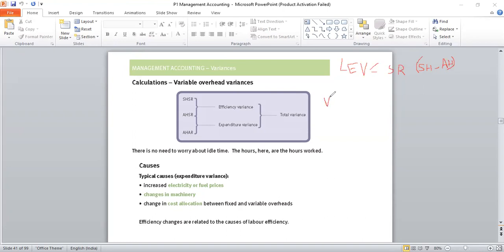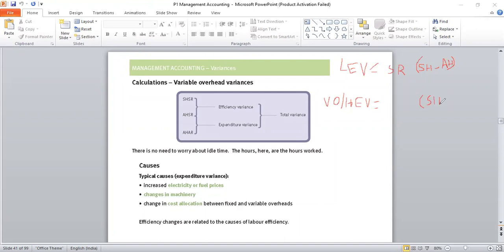We have it as variable overhead efficiency variance. Now overheads are not necessarily incurred only for hours. It could sometimes also be quantity. Generally we see that it can be hours. So standard hours minus actual hours.